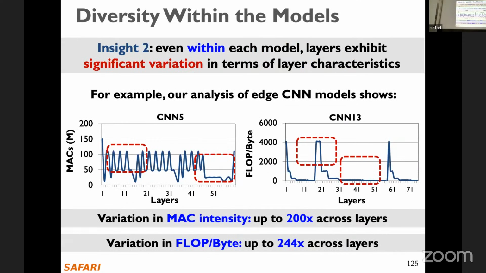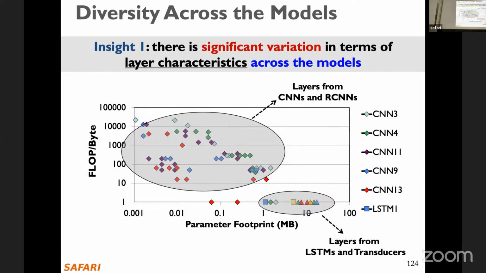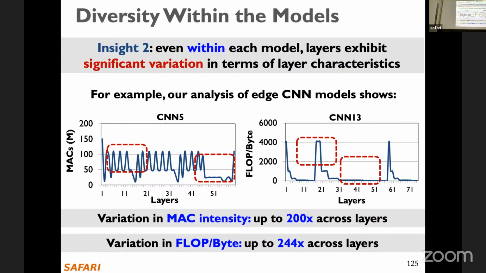They also have significant variation inside a single model, for example in the number of multiply and accumulate operations they do depending on the layer. So there is variation across models and also inside a single model itself.